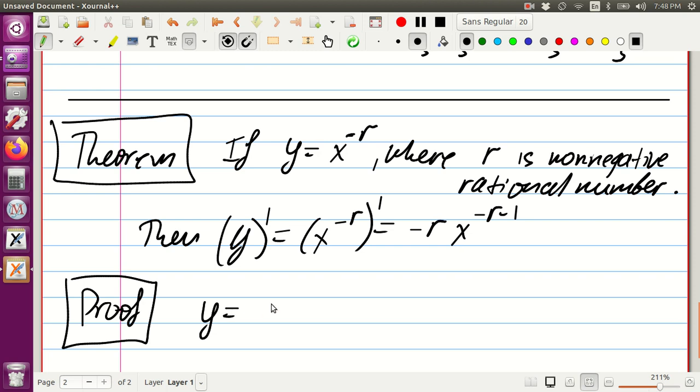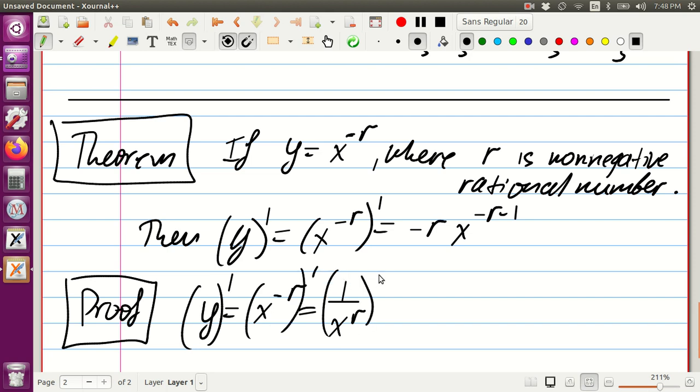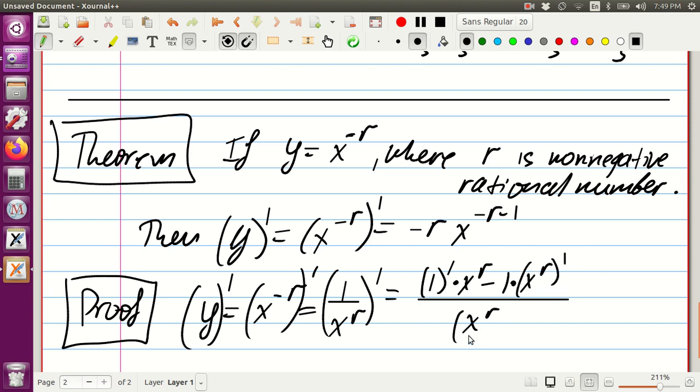We have y equals x to the negative r, which can be written as 1 over x to the r. And if we would like to find derivative of this expression, we can use quotient rule. So it's going to be derivative of 1 times x to the r minus 1 times derivative of x to the r over x to the r squared.